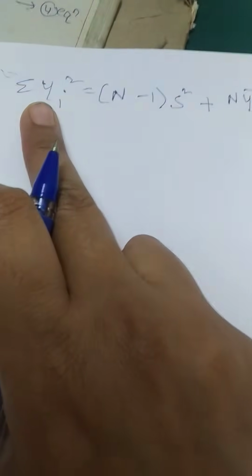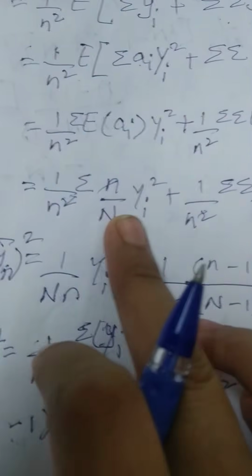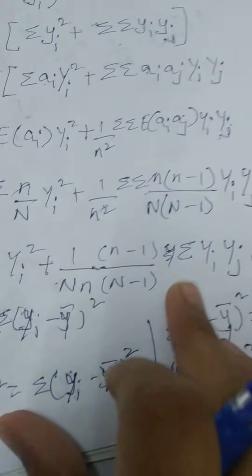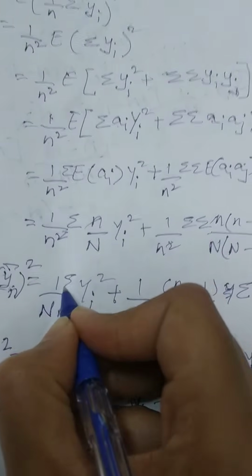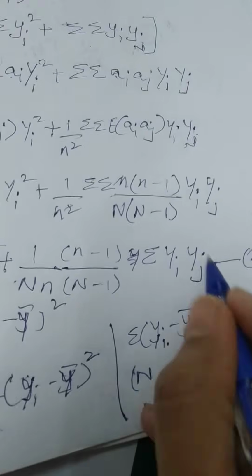So here it is summation yi square is equal to this one. Understood? Then the next thing we are going to see is, I am getting this summation yi square value. Now I will get summation yi yj.